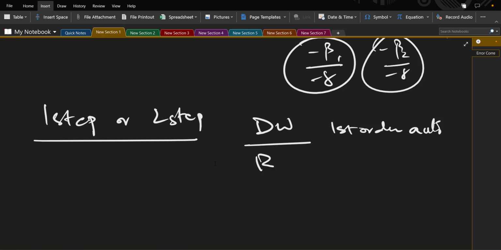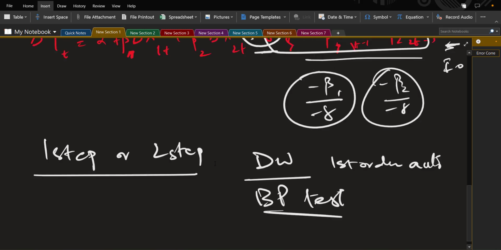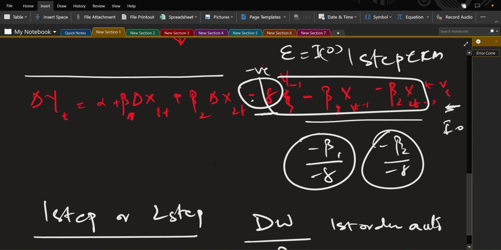You use the Breusch-Godfrey test, which is available in Stata, eViews and many software packages. And if it is saying there is autocorrelation, what you can do is add more lags for these variables in the model. So you will add beta 1 2 delta x1 t minus 2, and so on.